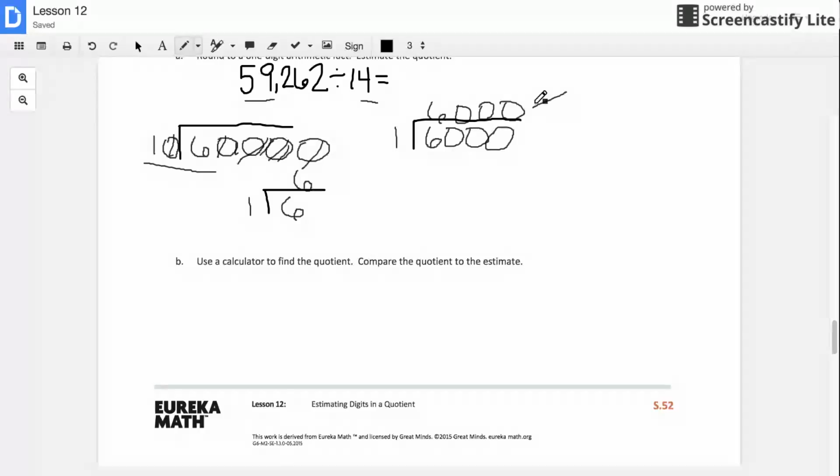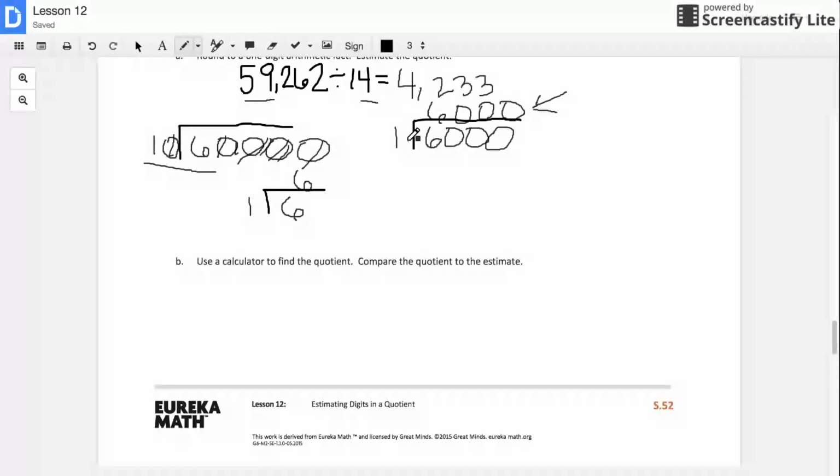This is our estimate. And let's get out a calculator and find the actual answer and see how accurate our estimate was. When we take our calculator and punch in 59,262 divided by 14, it is 4,233, which is pretty far off.